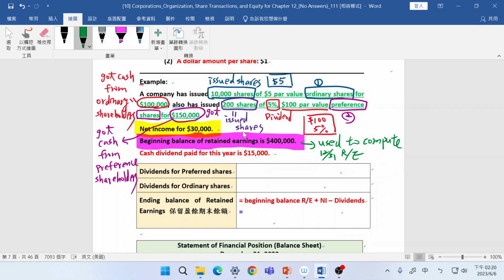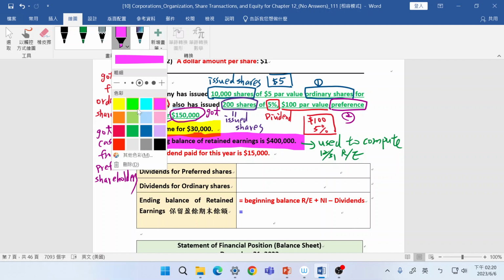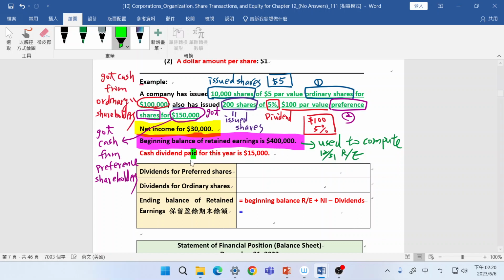Okay. Also, dividends. We have to pay dividends to shareholders. So here it told you this year we pay cash dividends totaling $15,000, right? So you pay dividends to shareholders totaling how much? $15,000. Okay?